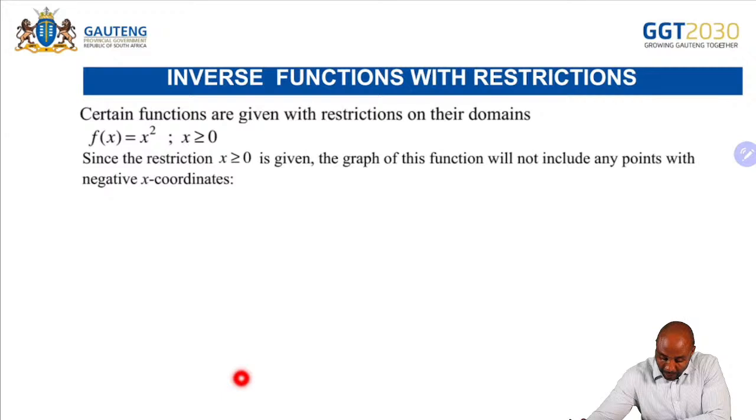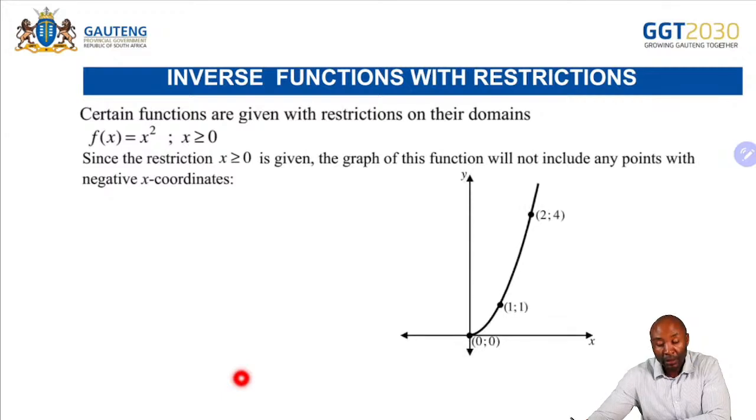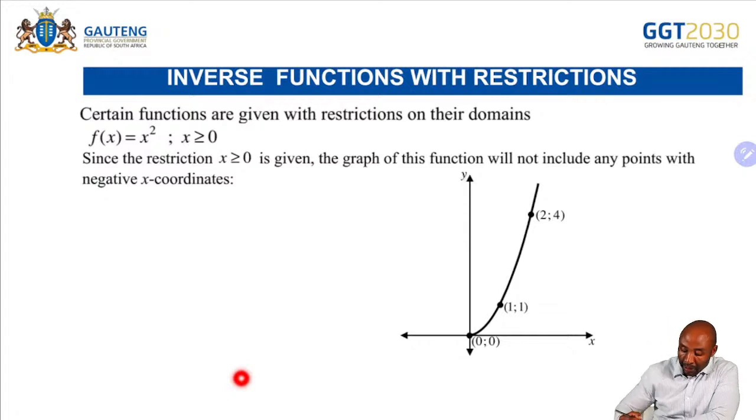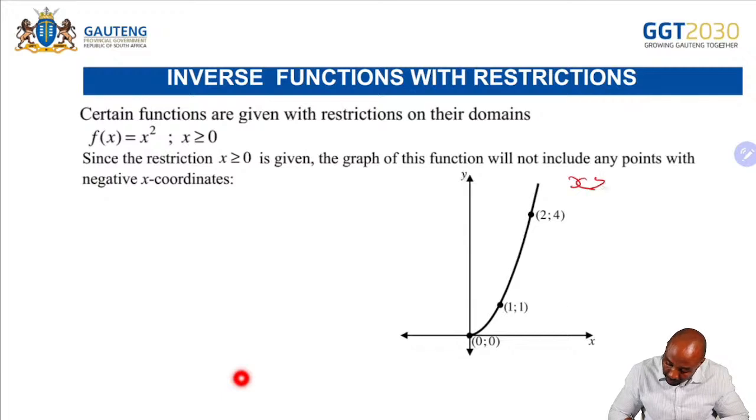And the given function would look something like that. When my x is 0, when my x is 1, and when my x is 2, I'm able to get those 3 points. And I'm only dealing with half of the parabola where I'm saying my x is greater than or equal to 0.